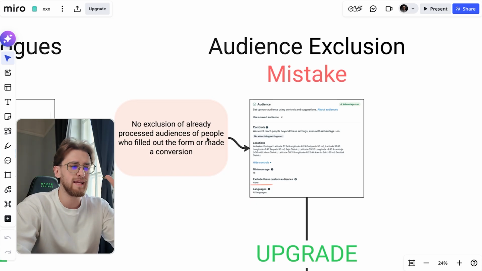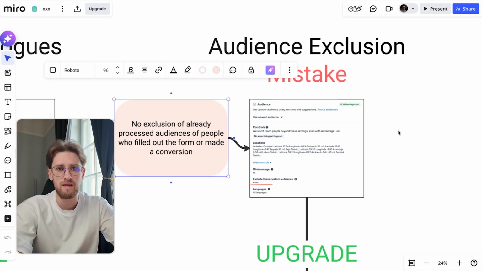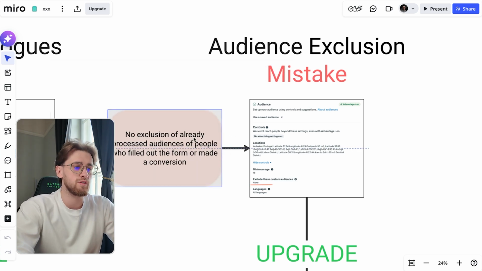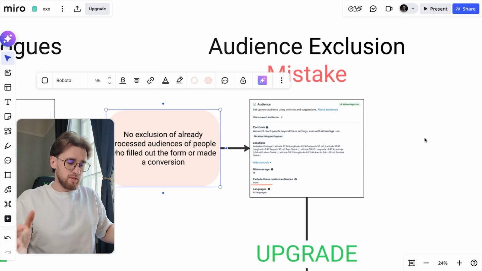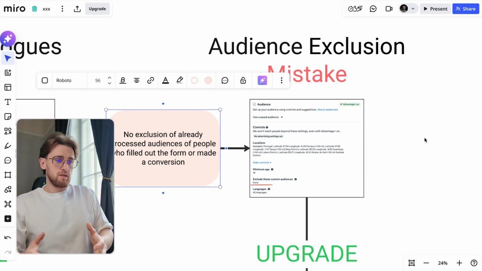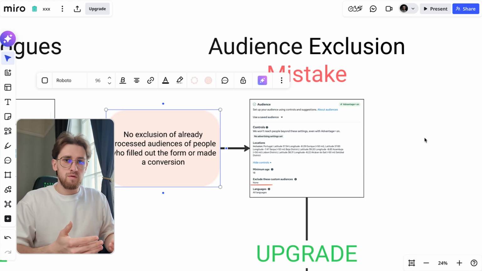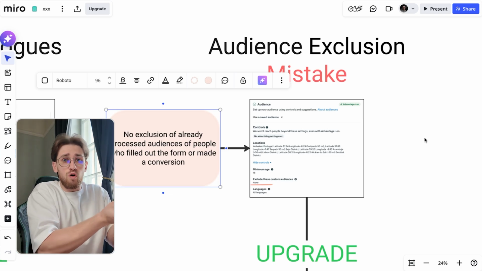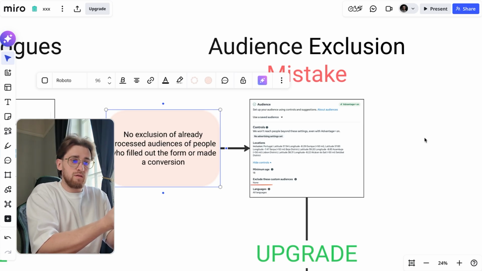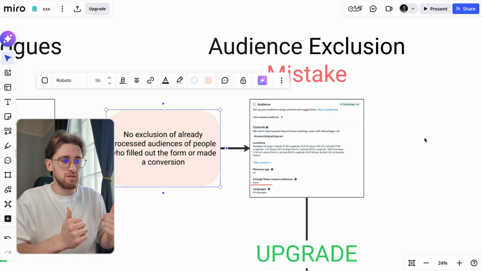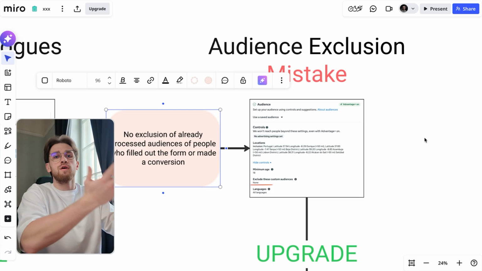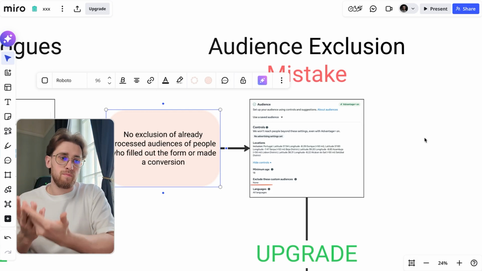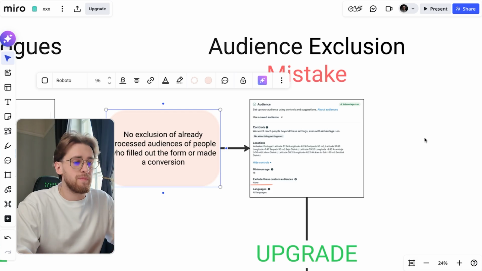So you run your top of the funnel campaign, you try to do it better, but in several days you see that you already burned out the audience, because even if it's a cold campaign, you don't have exclusions, and they show this type of ad to your existing customer base. So it's very bad for you.